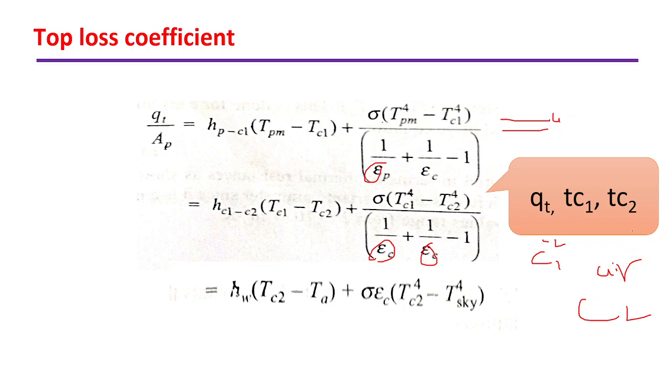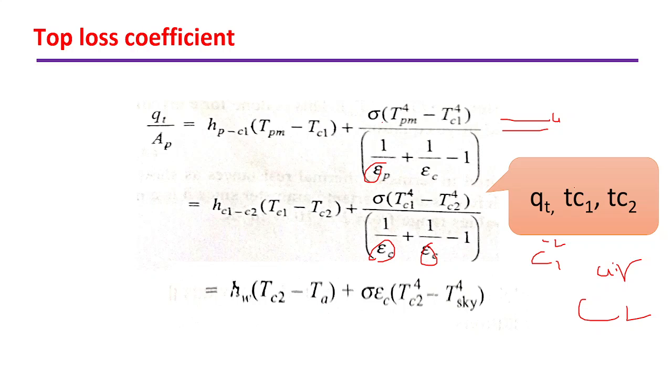By solving these three algebraic equations, which you might have solved in your mathematics, we get the answers. If we need to solve for more than one unknown, we have to have the same number of equations.